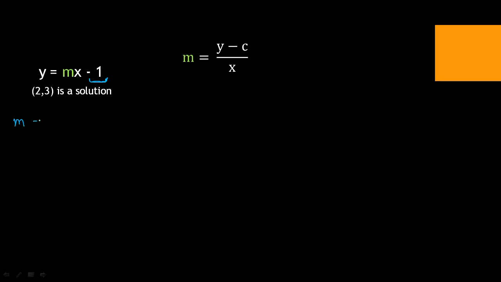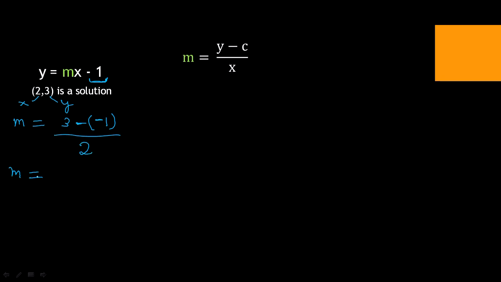M equals, now what is y? Well, 2 comma 3 is the solution, which means 2 is the value of x for a particular point, and 3 is the value of y, right? So I plug that in. Instead of writing y, I write 3 minus c. What is c? C is minus 1. So minus 1 upon x, which is 2, right?